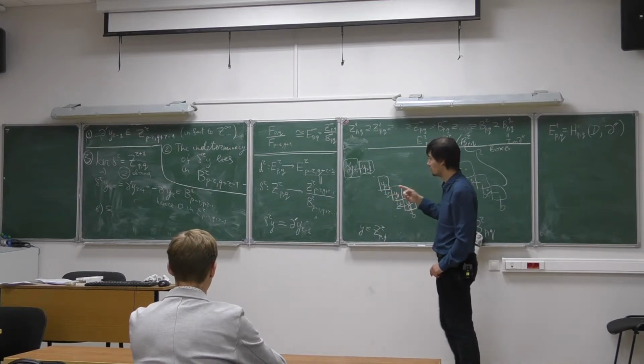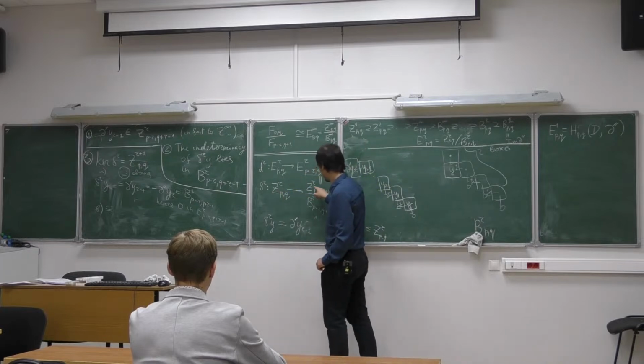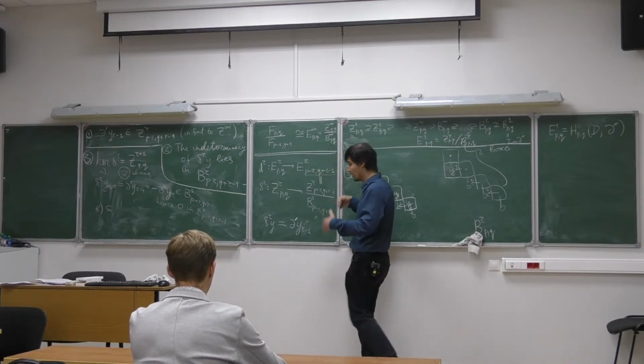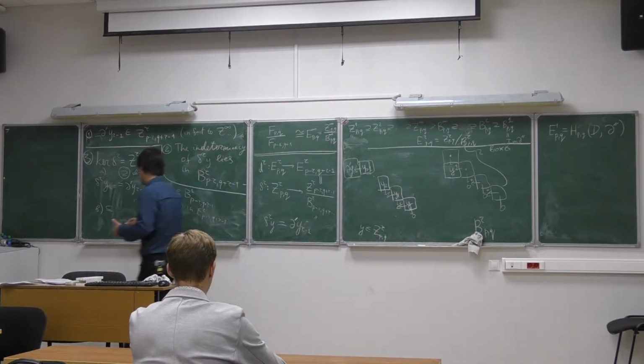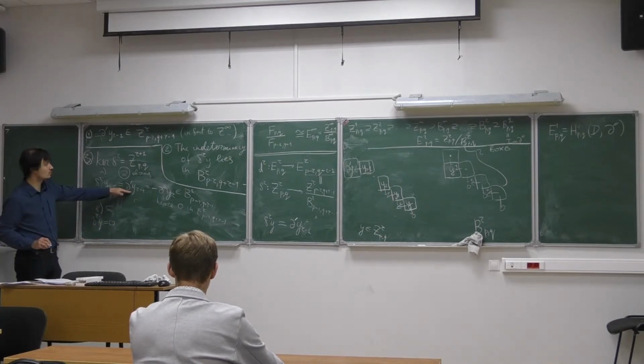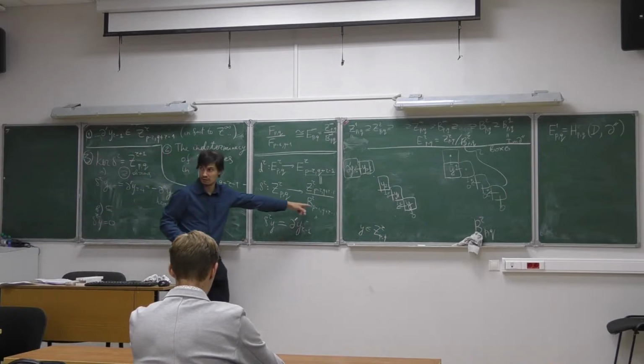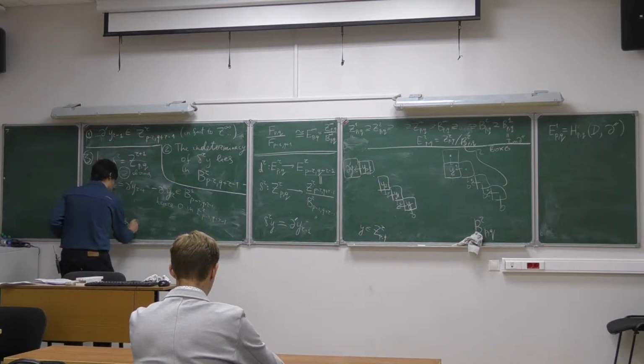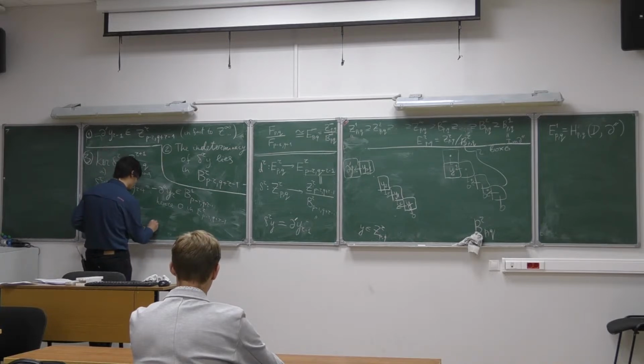The matter is that our map is not to this group, but to the quotient. So if delta R of Y is 0, this means that this element belongs to the corresponding group B. This means that d prime of Y R minus 1 belongs to the group B R with these indices.